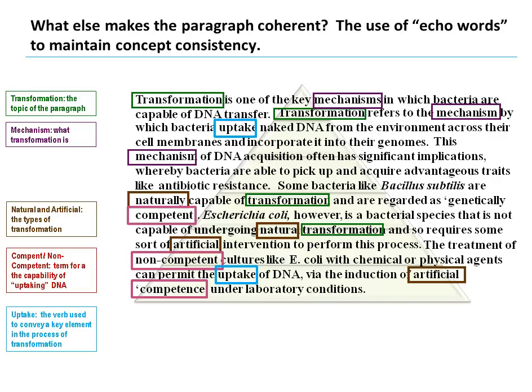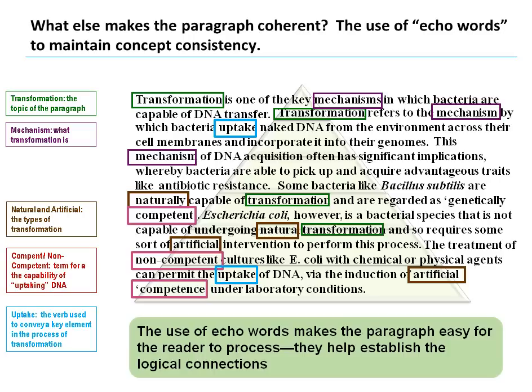And uptake itself, the verb used to convey a key element in the process of transformation. The use of echo words makes this paragraph easy for the reader to process. They help establish the logical connections, and the words are repeated throughout the paragraph. This allows a reader to easily digest complex scientific concepts.